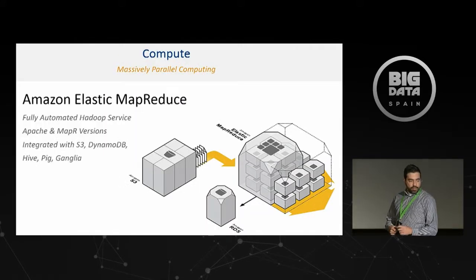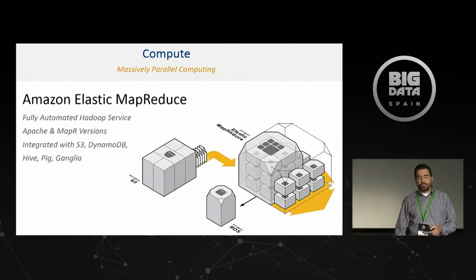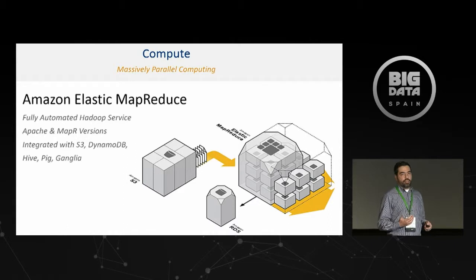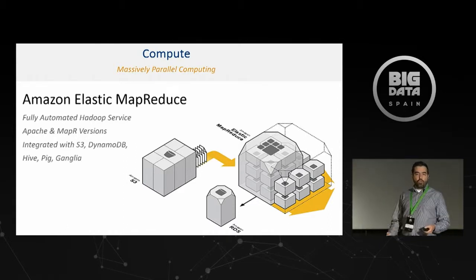An example of that is Amazon Elastic MapReduce. This is the managed Hadoop service. It allows you, with a few clicks or programmably through the APIs, to launch a cluster of Hadoop, and that can be an ephemeral cluster that you only use for one particular task and then you shut it down, or it can be a long-running cluster.